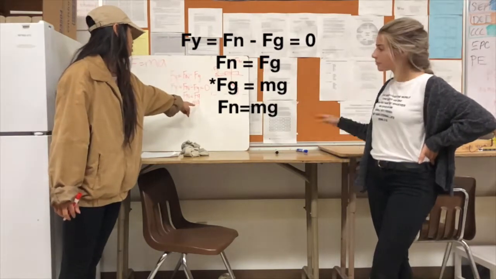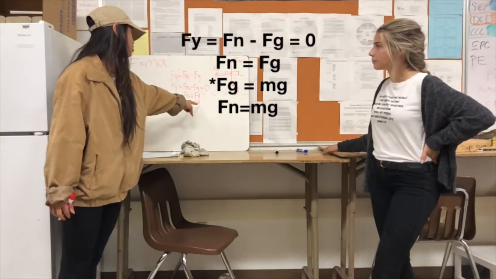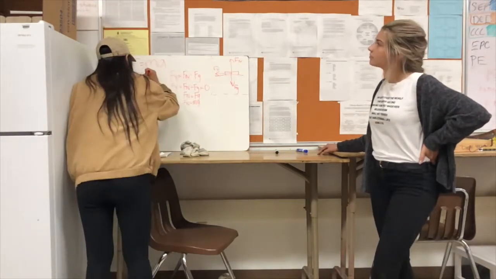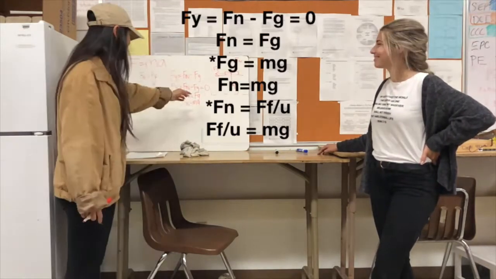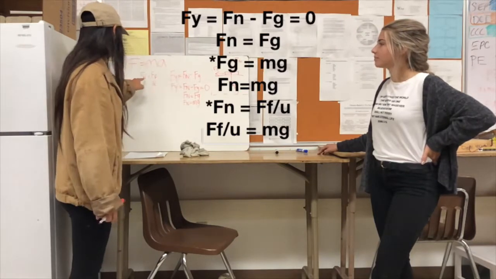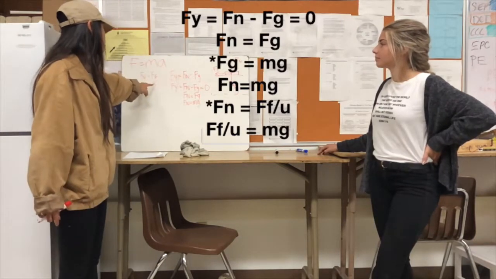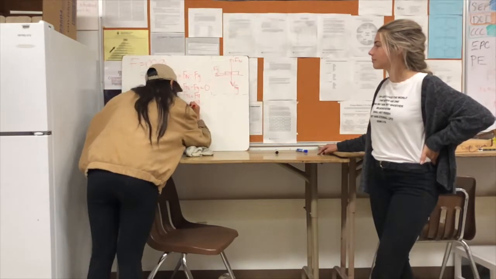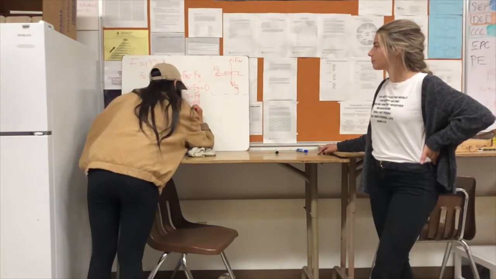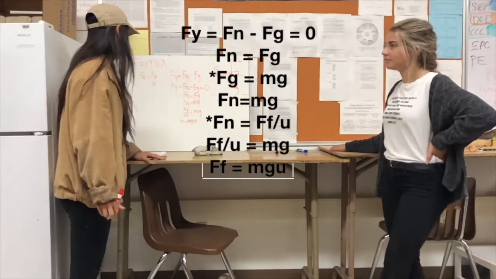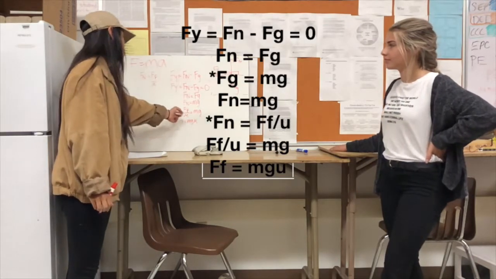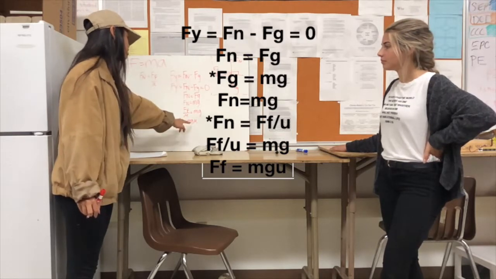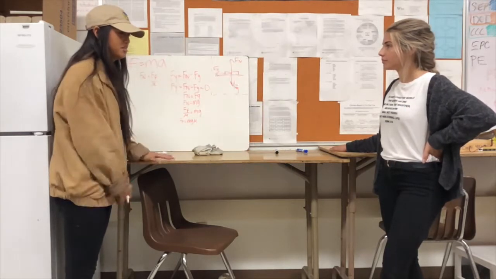And for force of gravity, we can plug in mass times acceleration due to gravity. As for the force normal, F_N equals F_f divided by mu. So we can plug that in for force normal. So after we plug in F_f over mu for F_N, we can multiply mu to the other side. And now we can sum the forces in the x direction.